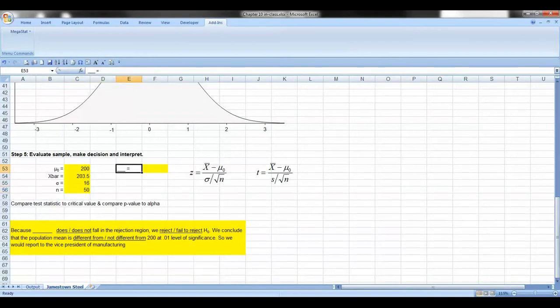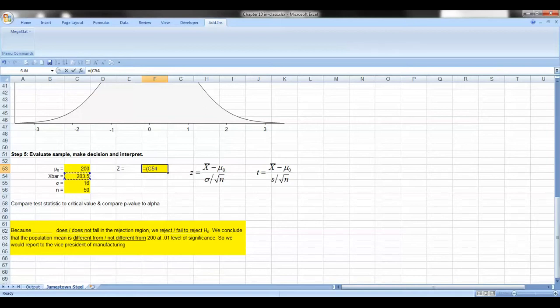So we know now that the test is a z-test that we're doing. So we can just punch in the formula. Here's the t-test, here's the z-test. It's provided for us. That's actually an equal sign, not a plus sign. I like to use the parentheses to make sure I'm not missing anything.